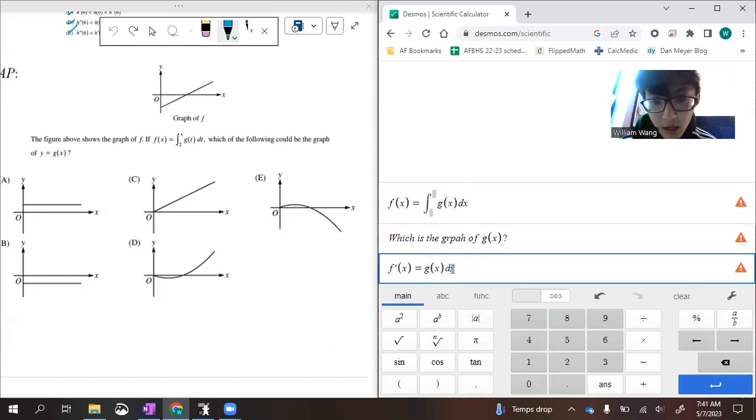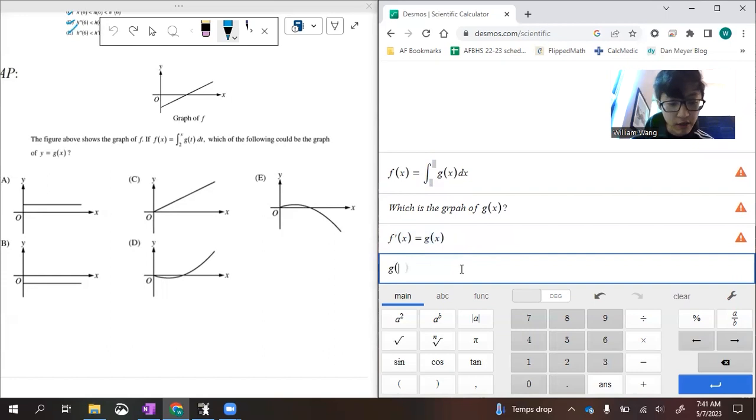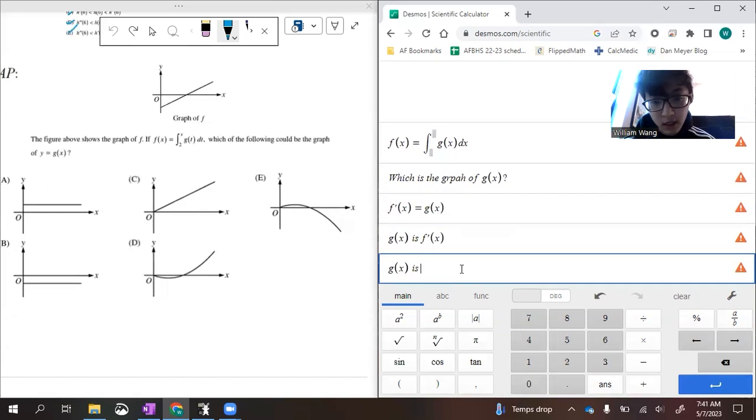So I know g of x is equal to f prime of x. So that means g of x is simply the slope of f of x. All right, cool. So that helps me get to my answer.